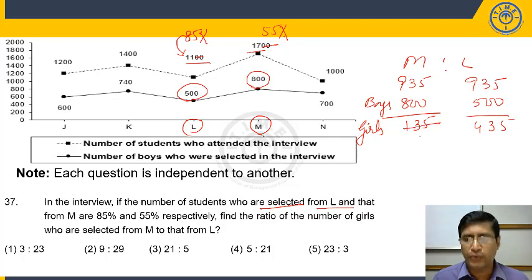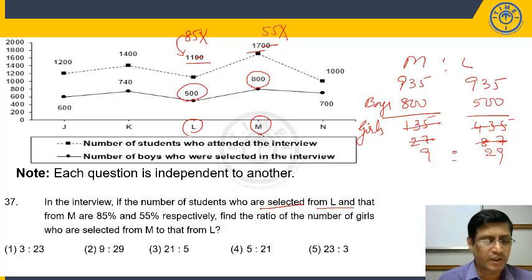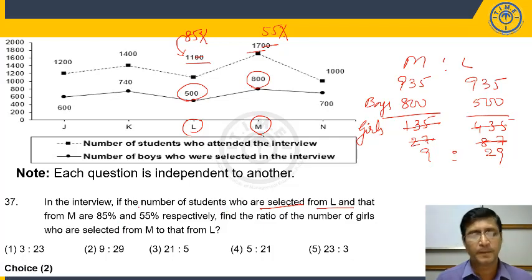Now dividing with 5, 5 goes into 135 27 times and into 435 87 times. Then next, 3 goes into 27 9 times and into 87 29 times. So what is the result? 9 is to 29. Right choice is option number 2. The second choice is the answer.